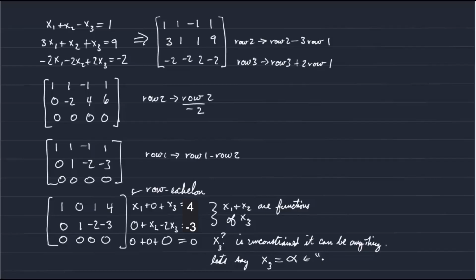We'll call this our parameter of our system. And that parameter is represented by alpha. And when we do that, we see that x1 is equal to minus x3, which is minus alpha, and x2 is equal to 2 times our parameter alpha.